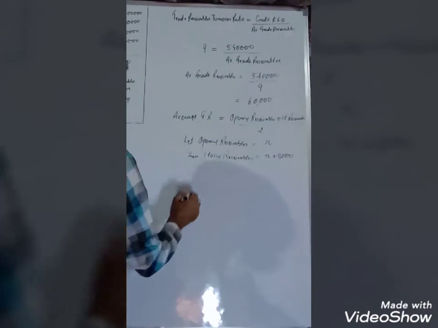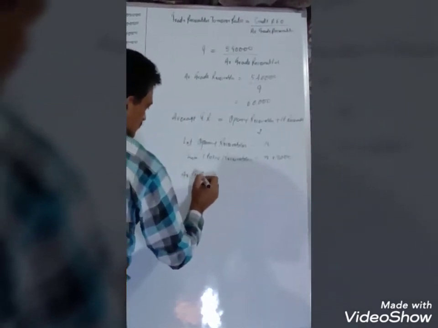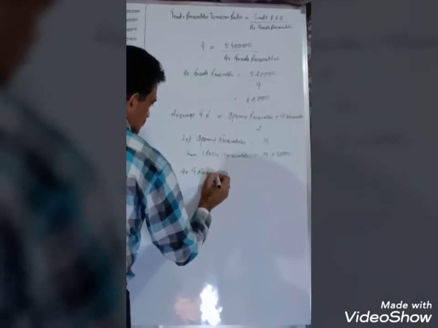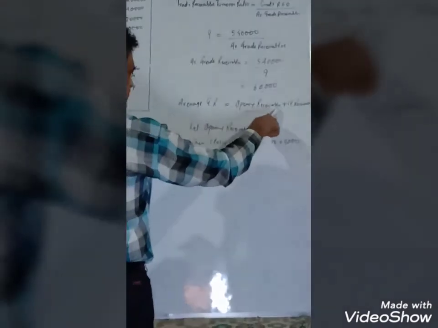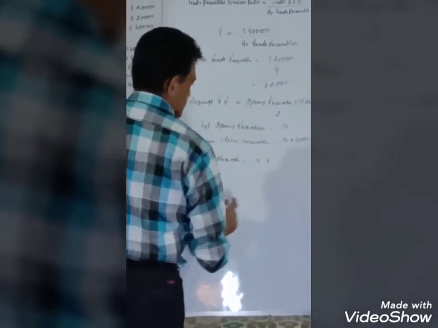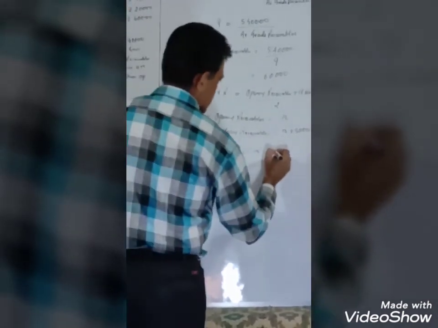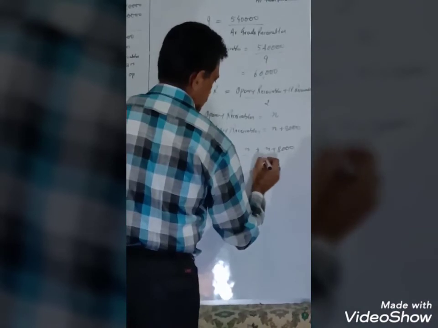Now average trade receivables is equal to opening receivables X plus closing receivables X plus 8,000, divided by 2. Average trade receivables we calculated to be 60,000.